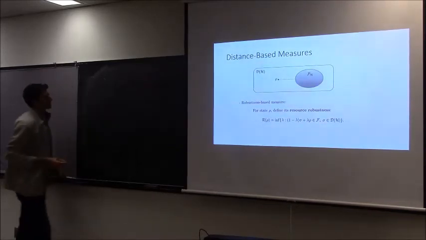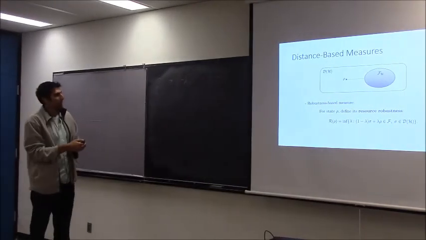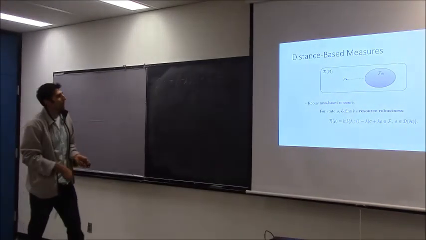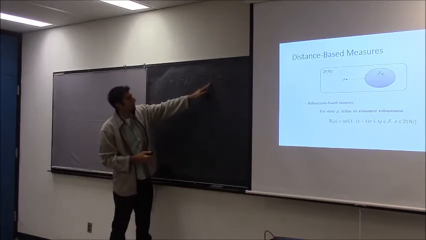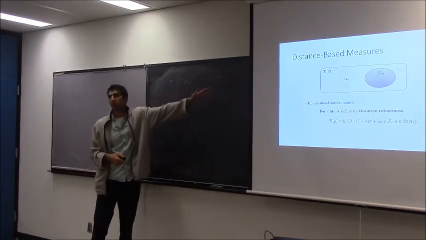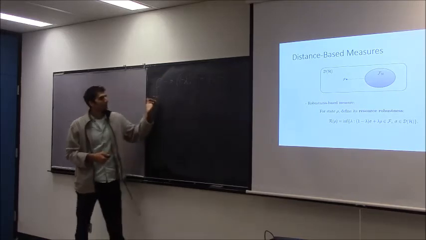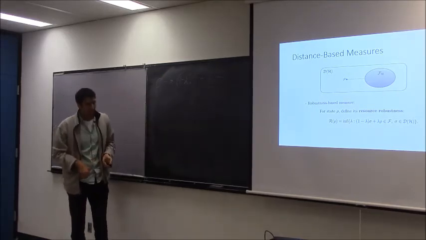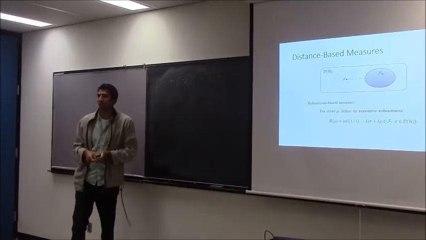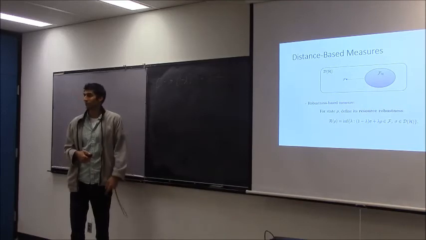So here's the state rho, and then I mix it with some other state sigma. What I want to do is find the minimum amount of mixing that I must do so that I destroy all the resource. So it drops me back into the free states, right? And it's called robustness because if it's a very robust resource state, then you have to add a lot of noise in order to bring it back down into the set of free states.